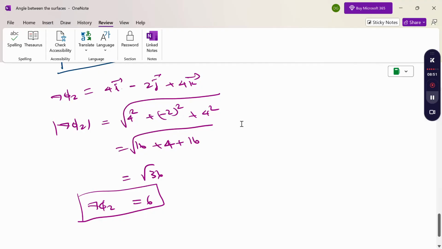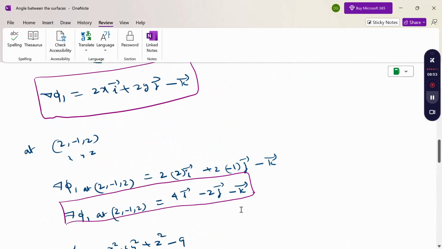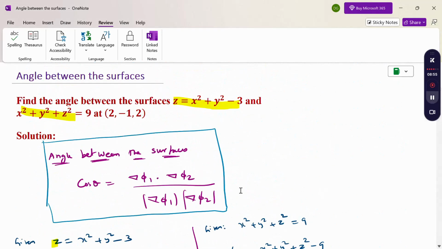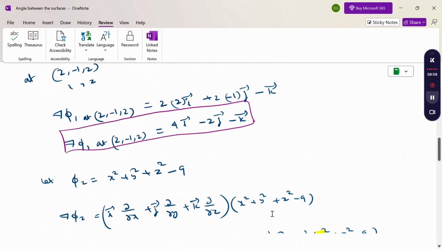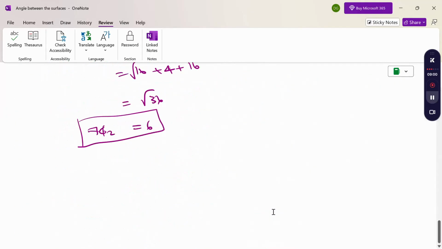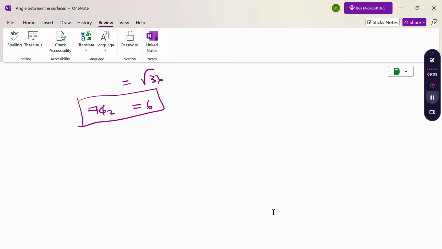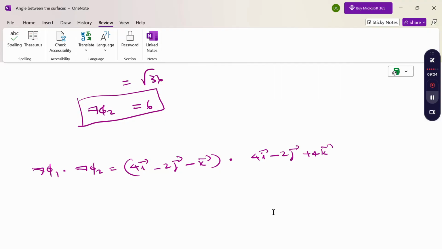Now before substituting, let us find del phi 1 dot del phi 2. Del phi 1 is 4i vector minus 2j vector minus k vector, dot del phi 2, which is 4i vector minus 2j vector plus 4k vector.